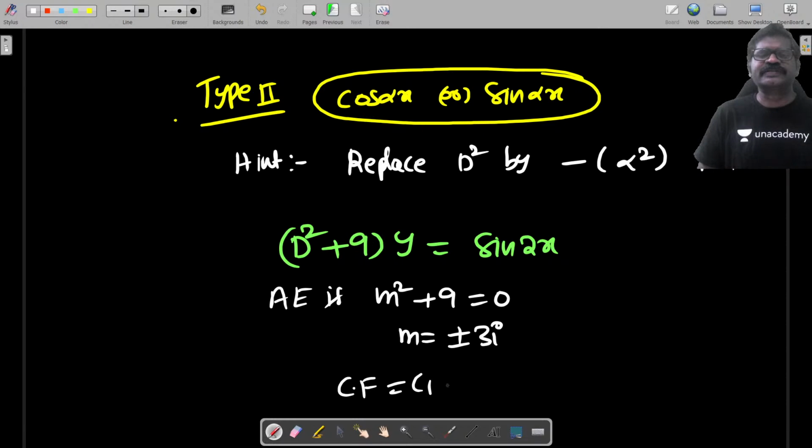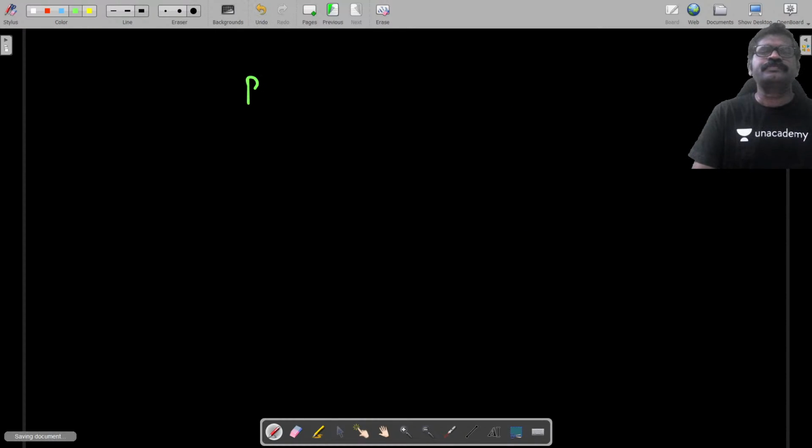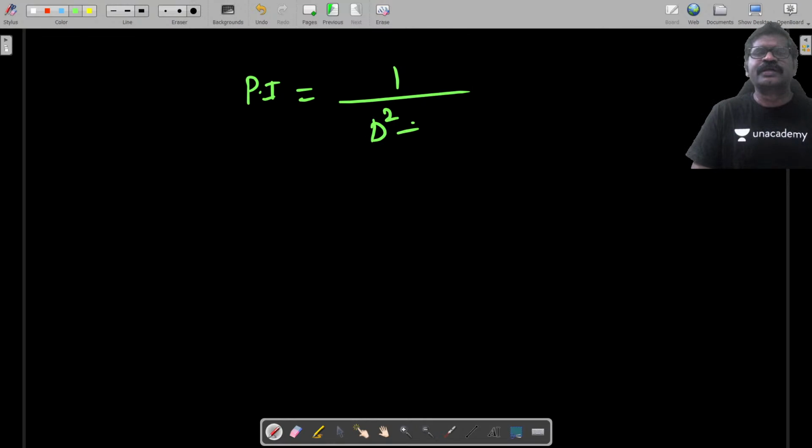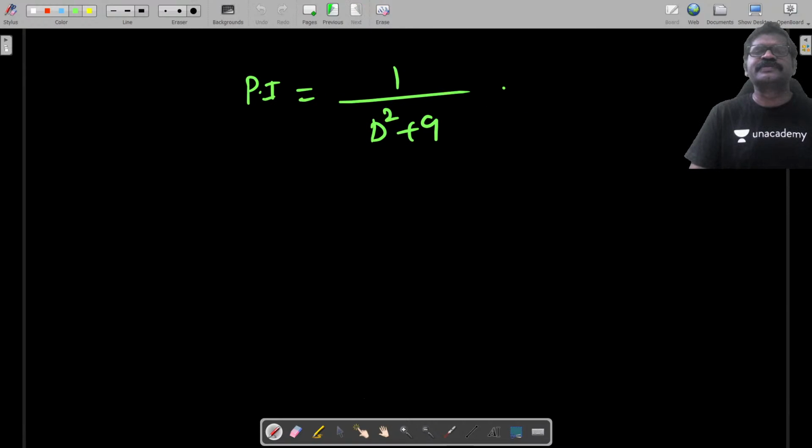Complementary function is c1 cos 3x plus c2 sin 3x. Now the particular integral is 1 by D square plus 9 of sin 2x.